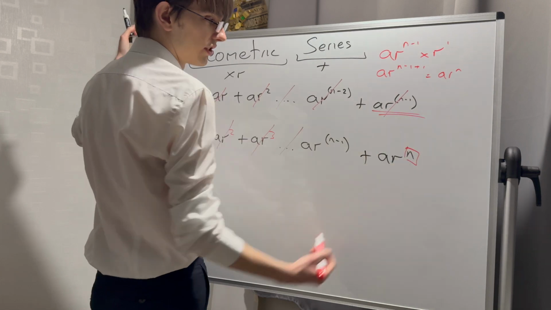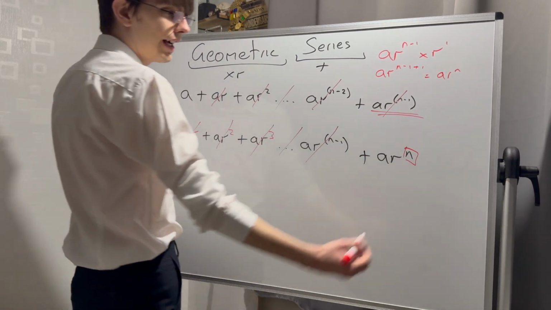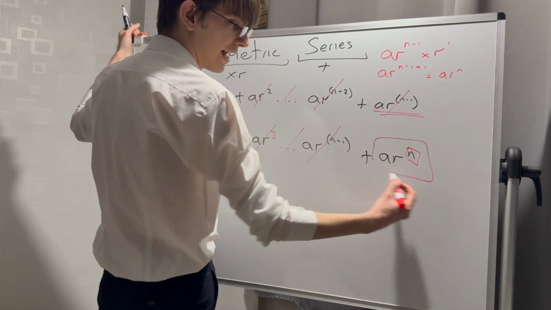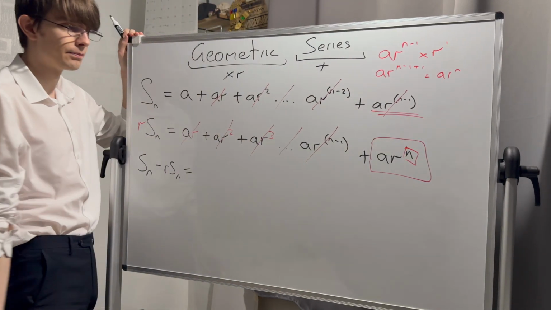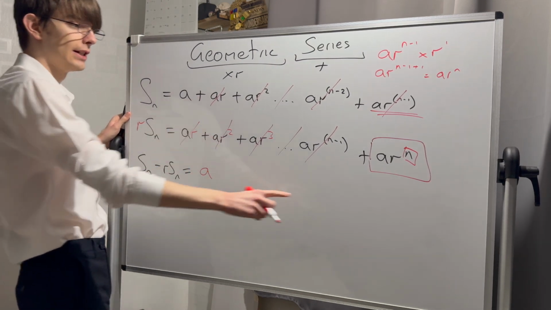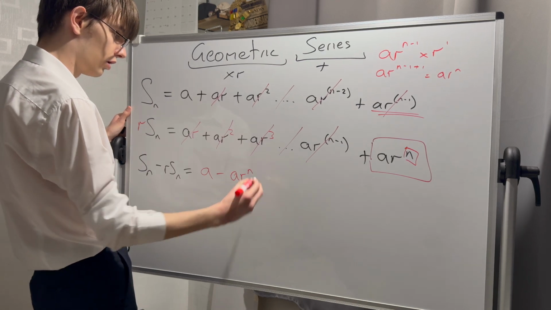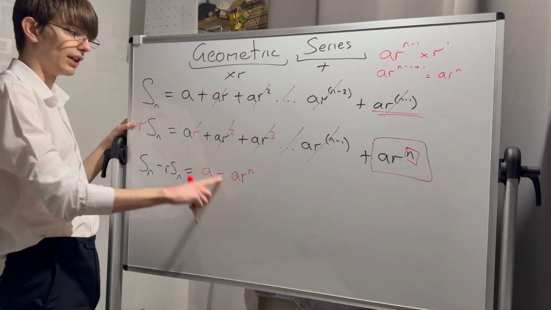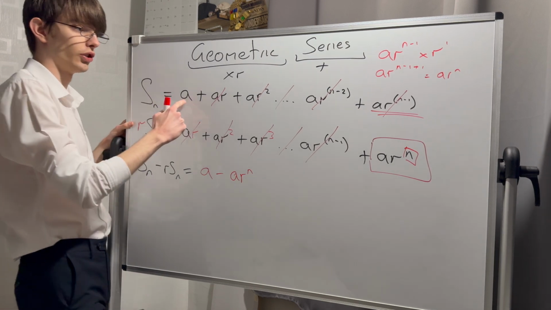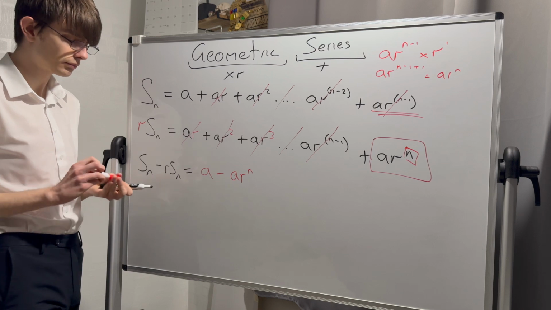I've got my ar to the n minus 1 here, my ar to the n minus 1 here, and I don't have an ar to the n in this series. So from this series, I'm left with an a. And from this series, I'm left with an ar to the n. It's a minus because I'm doing that minus that. So that minus that, and I'm left with this.